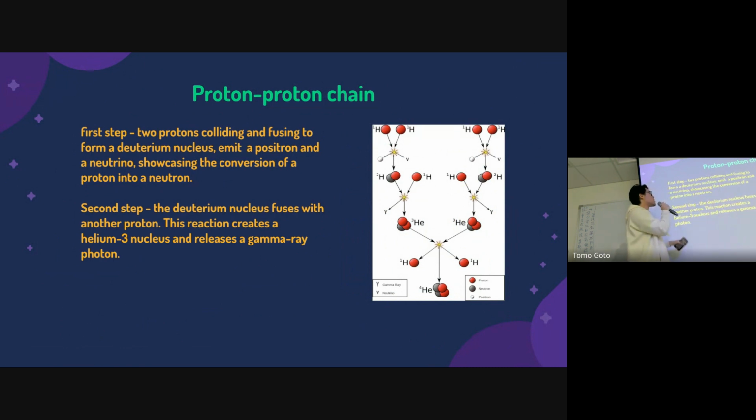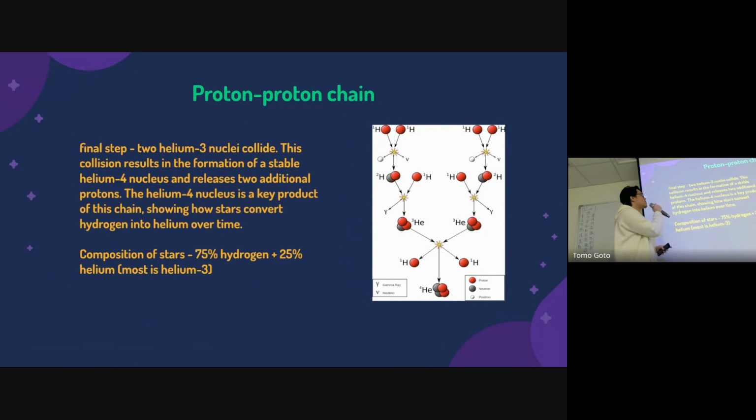Secondly, the deuterium nucleus fuses with another proton. This reaction creates a helium-3 nucleus and releases a gamma-ray photon. Finally, which is the most important step, two helium-3 nuclei collide. This collision results in the formation of a stable helium-4 nucleus and releases 2 additional protons.